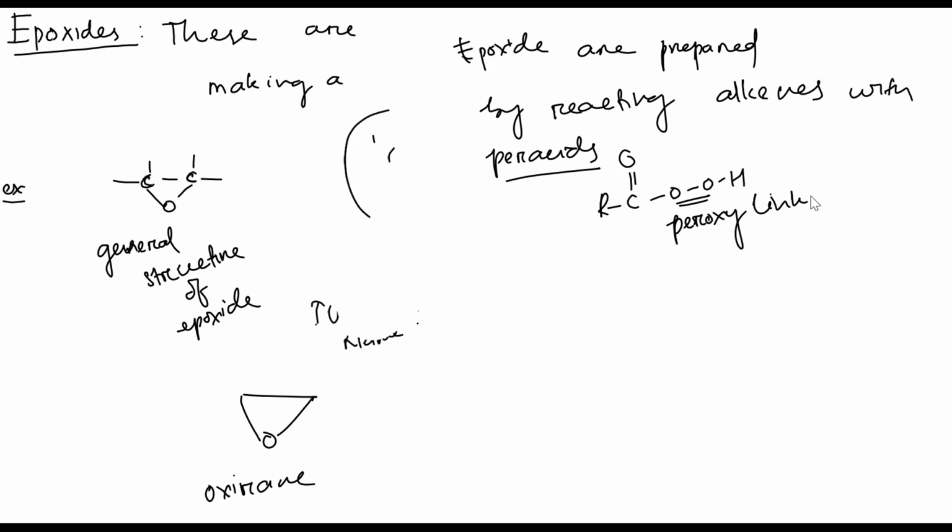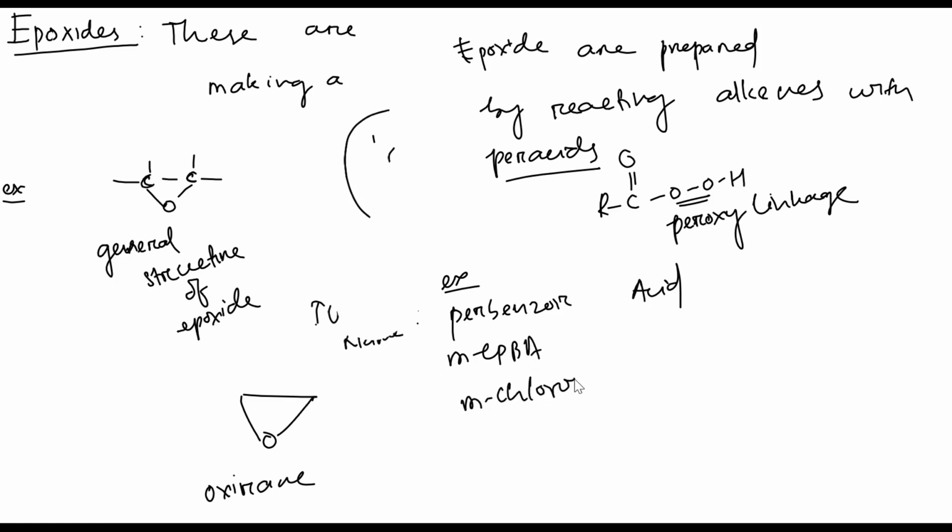And if we consider examples of peracids, one is perbenzoic acid, and another one is meta-CPBA, known as metachloroperbenzoic acid.